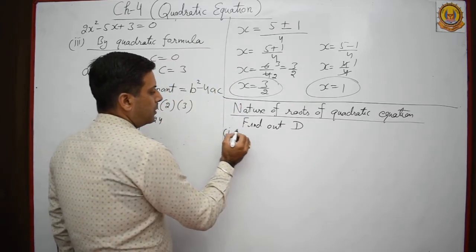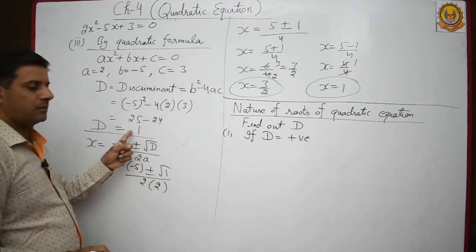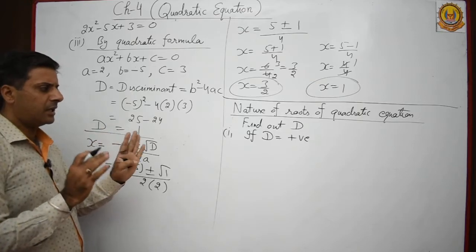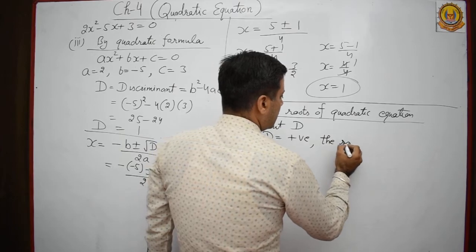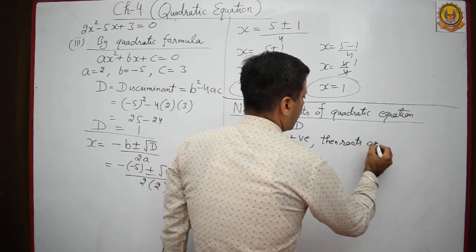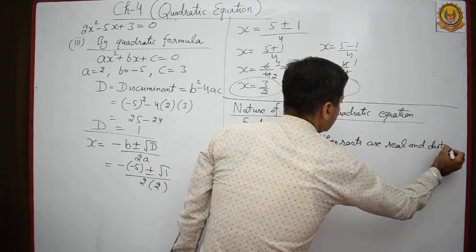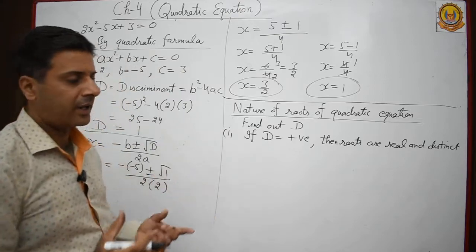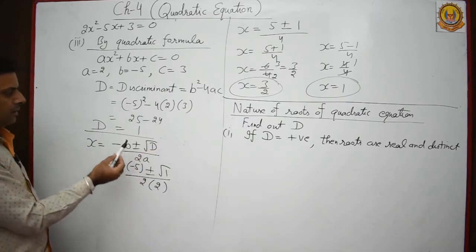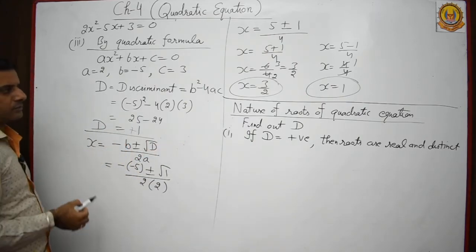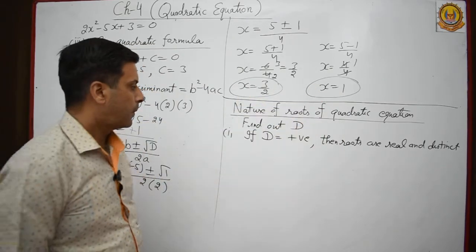If D is positive, any value but positive, then directly you can write down that the roots are real and distinct. Distinct means different. The roots that will come will be real and different, with different values. Like this you can check here: D is 1, positive. Just check the roots, the two roots are different.